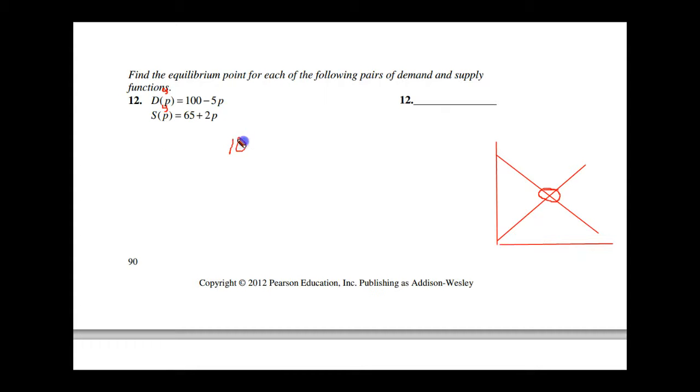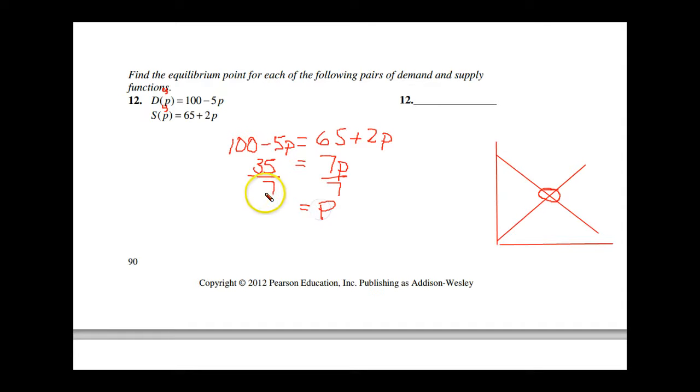So we're getting 100 minus 5p equals 65 plus 2p. Want to keep our p's positive, so I transpose this, becomes a positive 5p. So this adds up to 7p. Transpose that, and that adds up to 35. Divide both sides by 7.